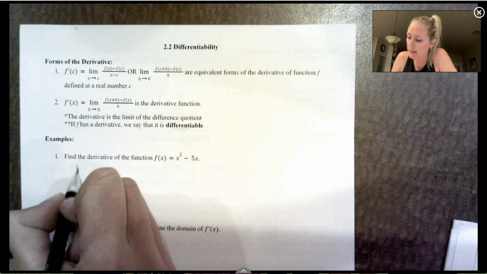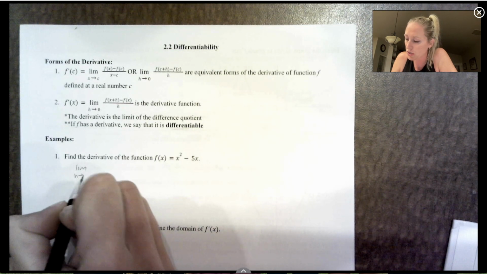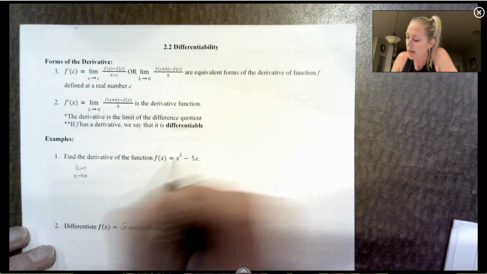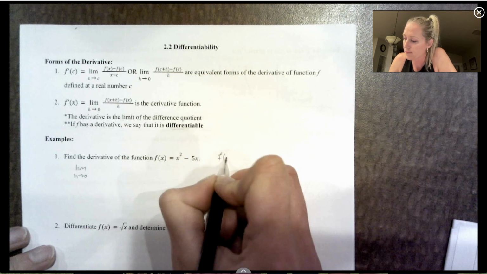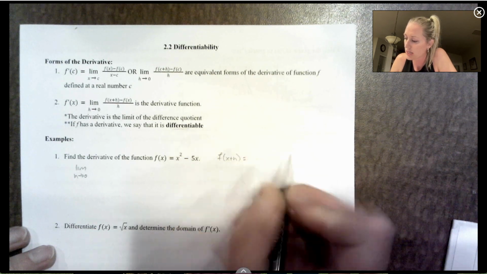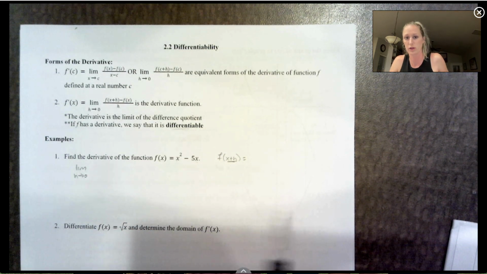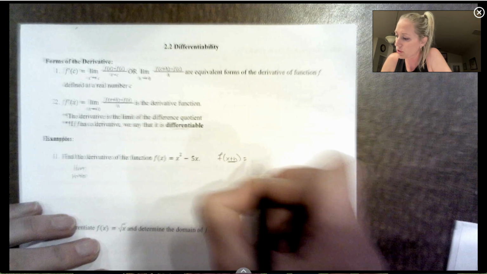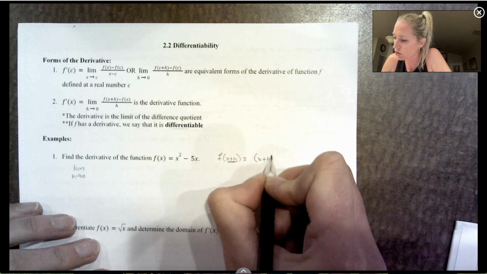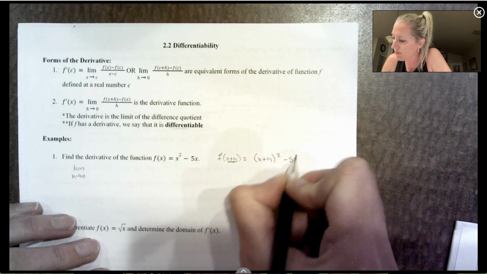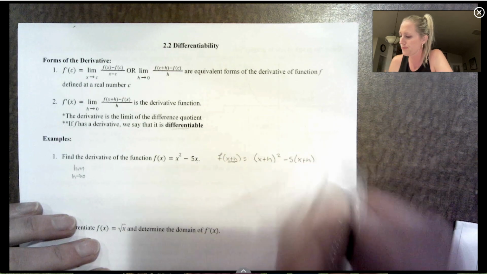So we're going to find the limit as h approaches 0 of f of x plus h. Reminder, f of x plus h is taking x plus h and replacing every single x with x plus h. So for this particular function, that's going to be x plus h squared minus 5 times x plus h.